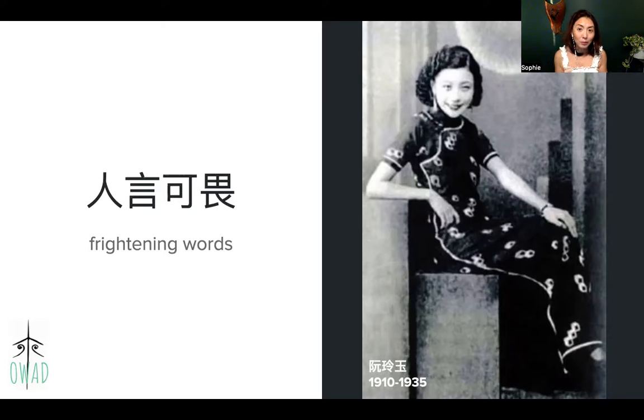So she was deeply disappointed and disturbed by what was happening in the newspapers and among the people, and she was going to face a court appearance. She took her own life the day before the court appearance and died at age 25. So that is the beginning, or the popularization, of this phrase 人言可畏. It means words can kill, really.